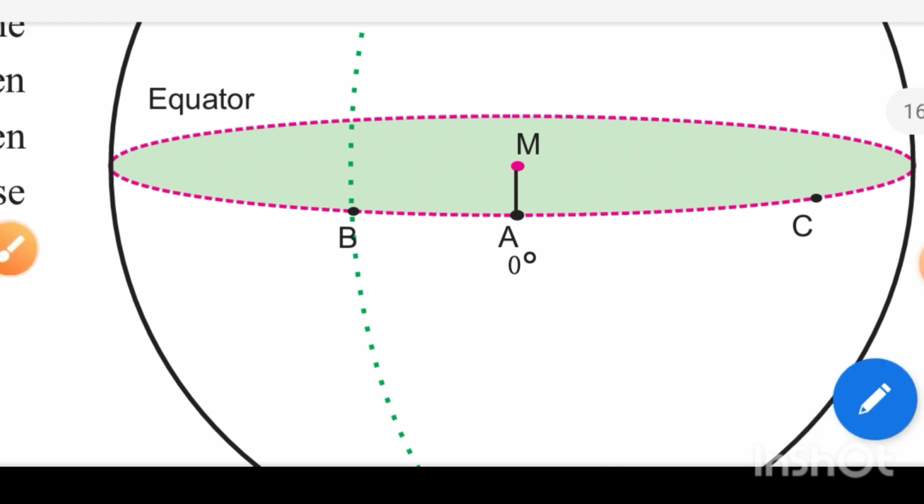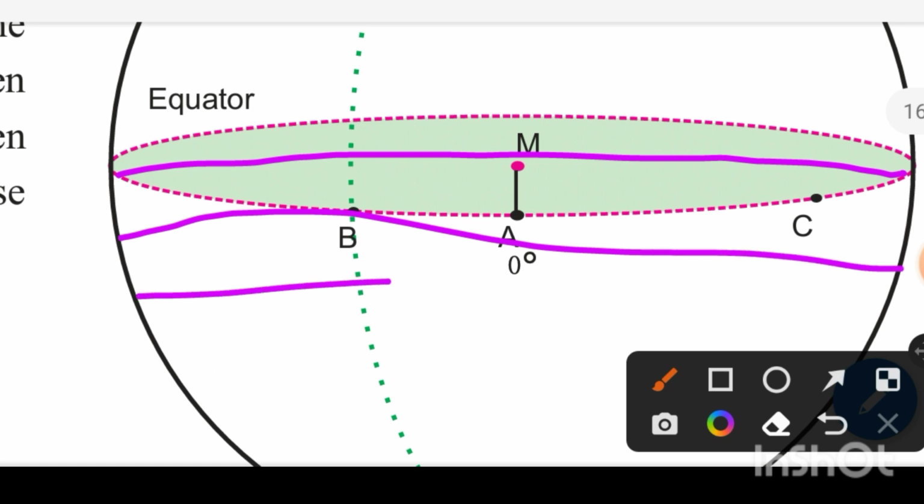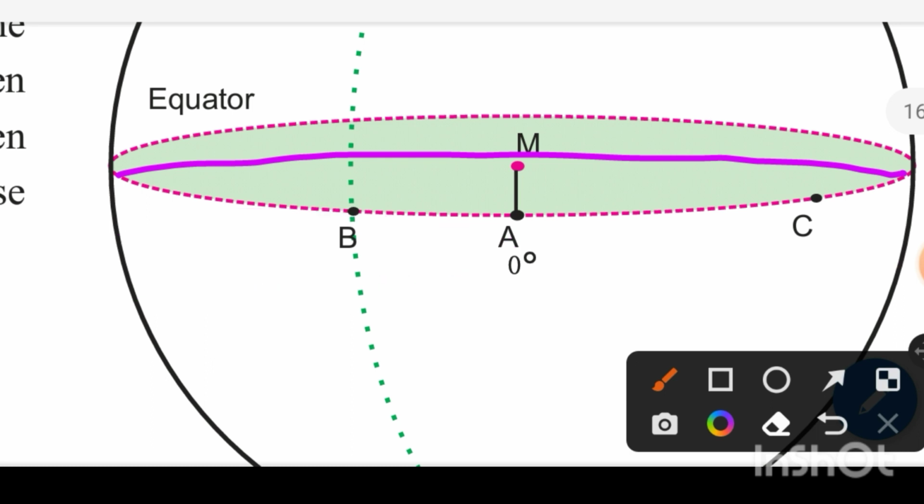So if you remember when we practiced the equator, where was this horizontal line, and all the lines which were passing by the equator, the straight lines, those were parallel. So we call them parallels or latitudes. But in the case of the prime meridian, there are no parallels.